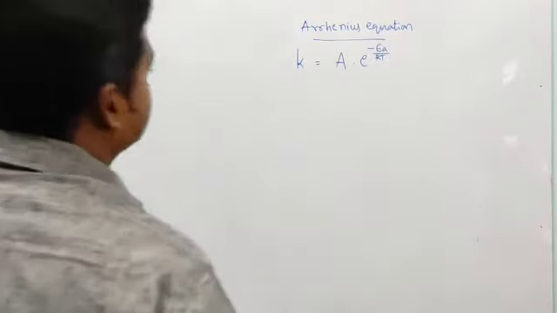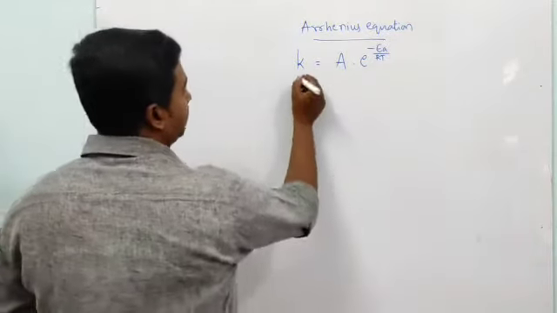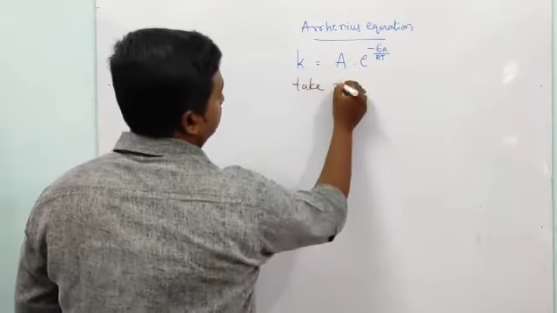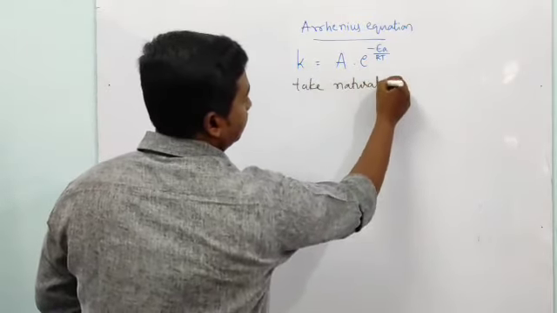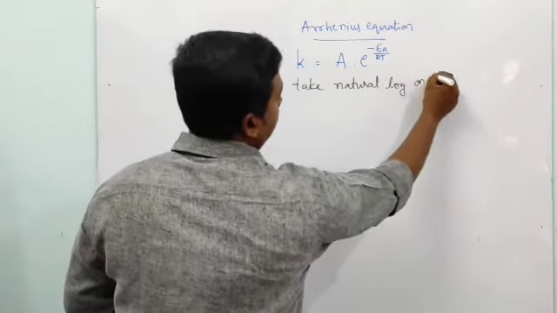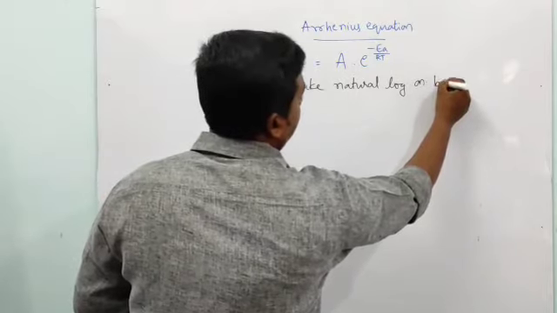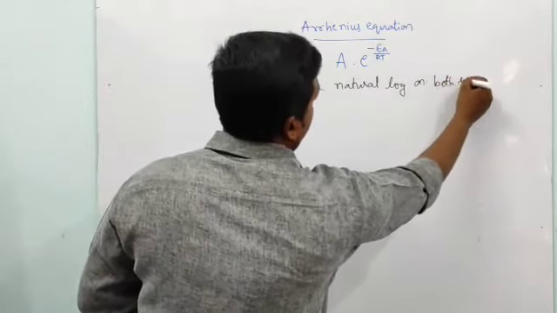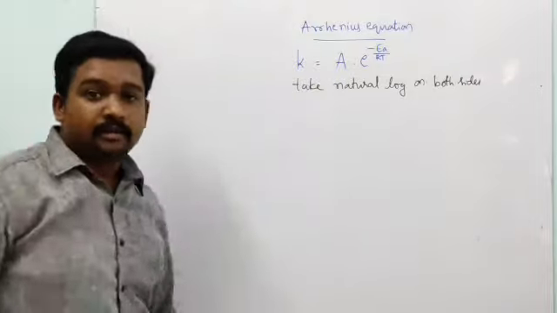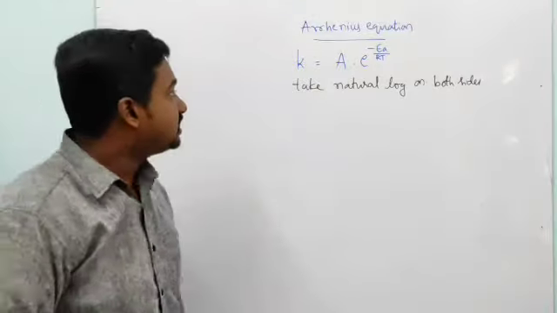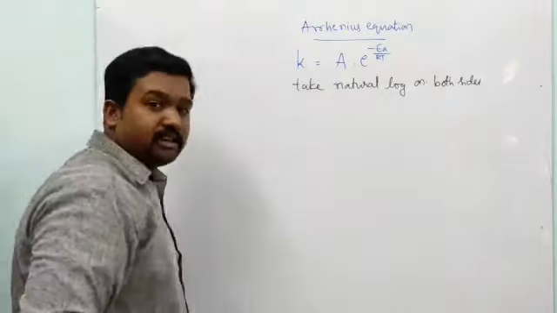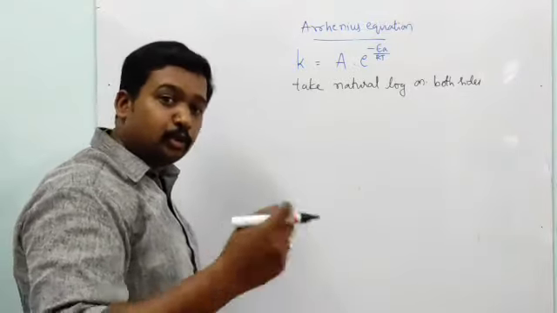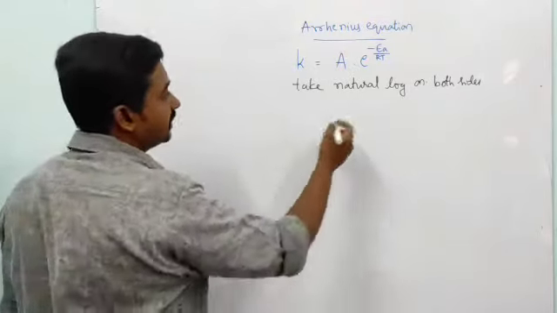Okay, let's consider this equation. Now I will take natural log on both sides. So if you take natural log on both sides, there is an exponential factor e here, which will become unity, which is helpful for us for calculation.